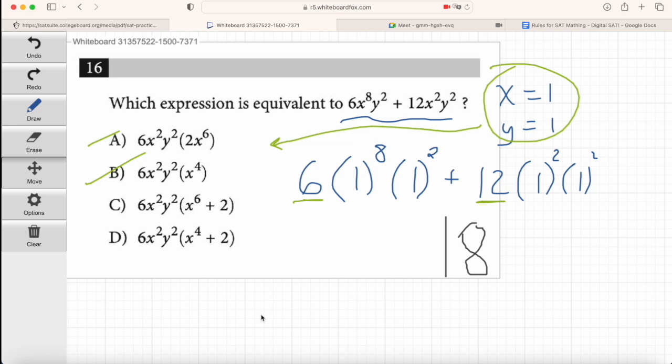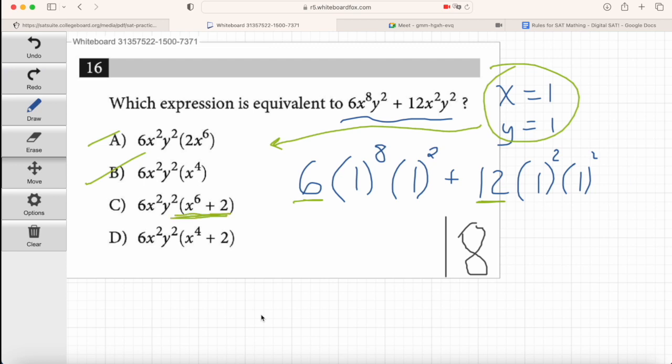What about answer choice C? Let's start with that part of the expression.